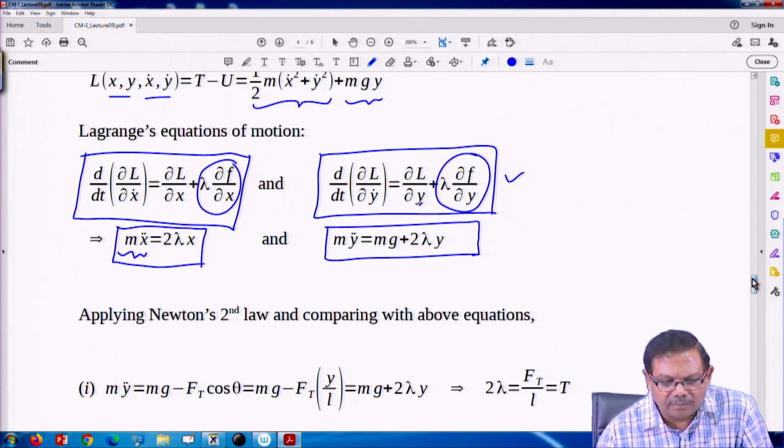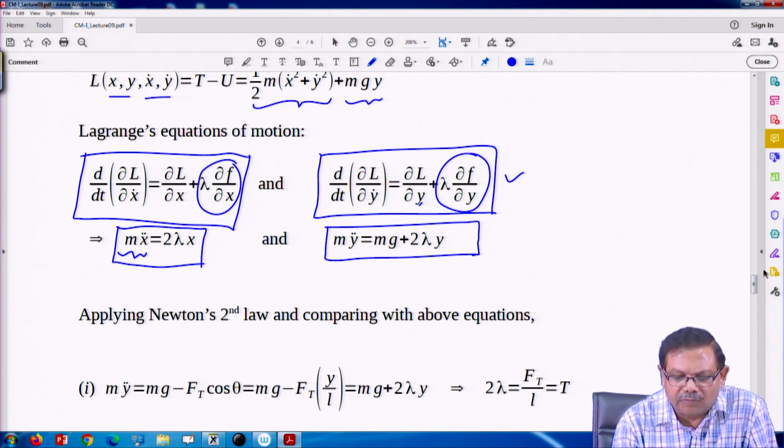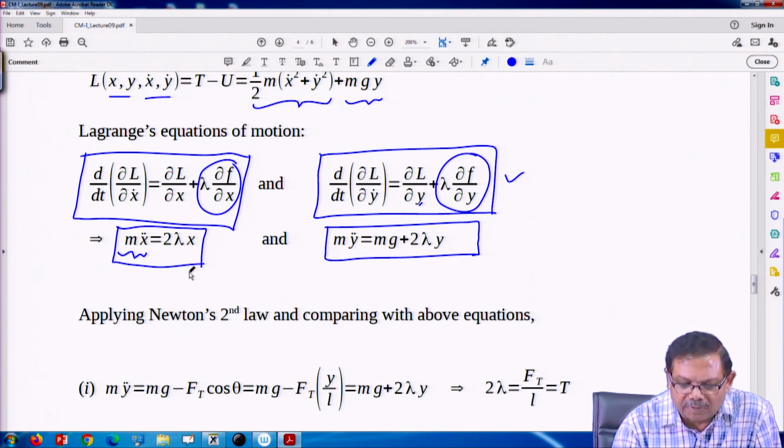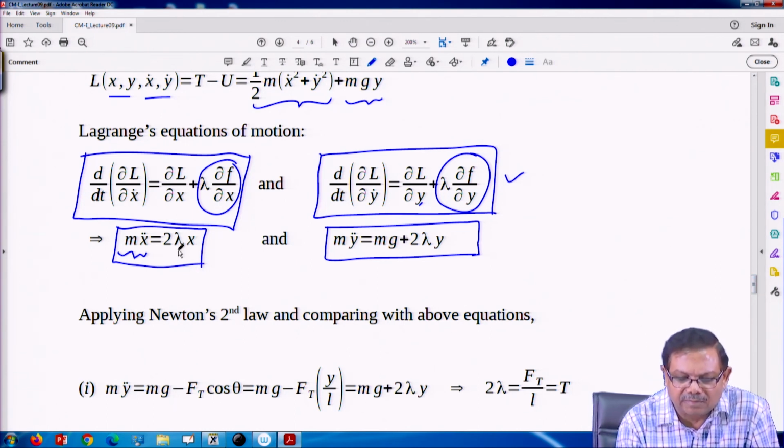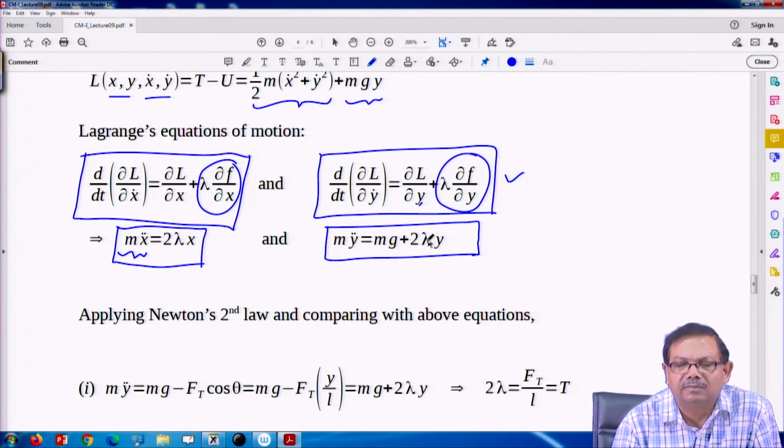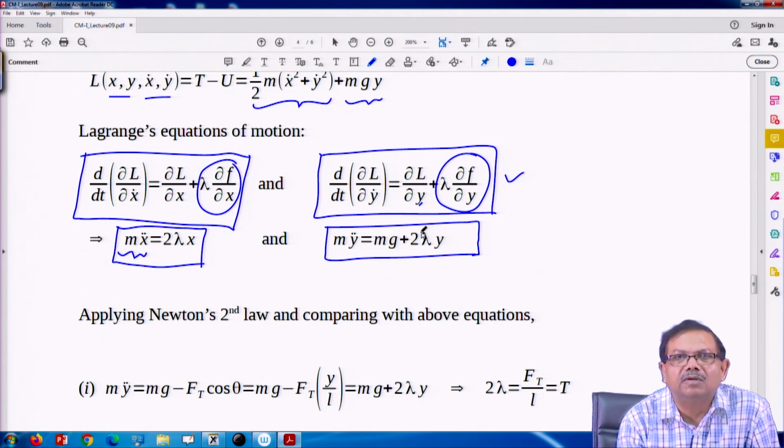Like in the previous problem, we can replace lambda from here and put it here, and x double dot and y double dot would be connected again. So, we can replace one of them and we will get an equation of motion.